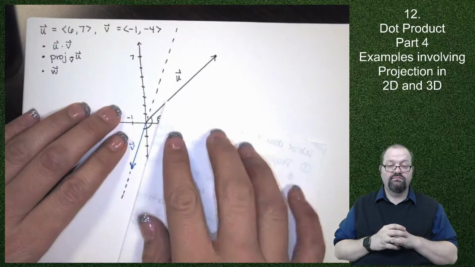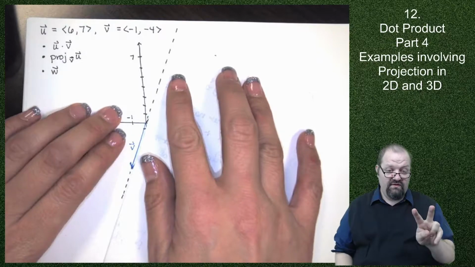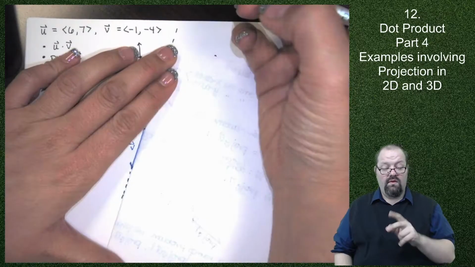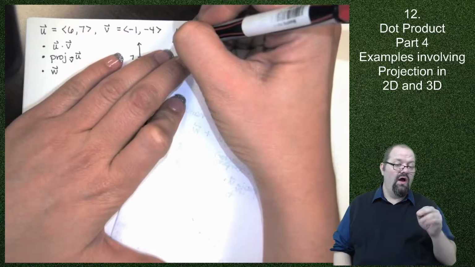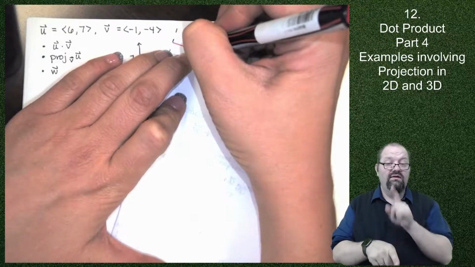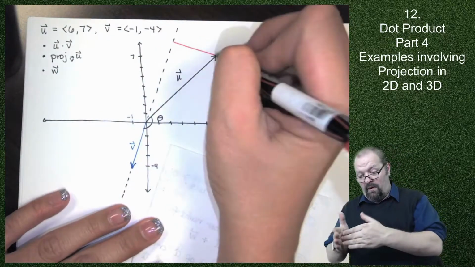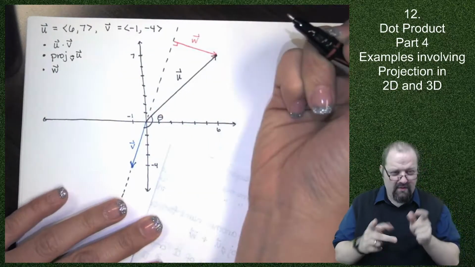And the part of u that is perpendicular to v, or perpendicular to that line, or normal to that line, the component that is orthogonal to the projection, those all mean the same thing, 90 degrees. The part of u that goes that way is there, calling that w.